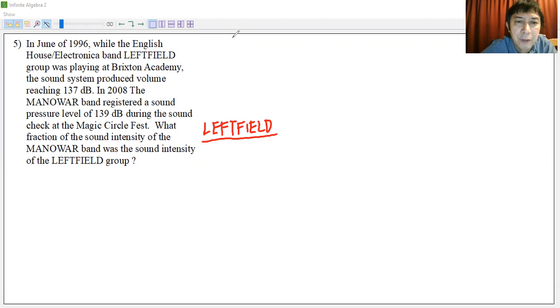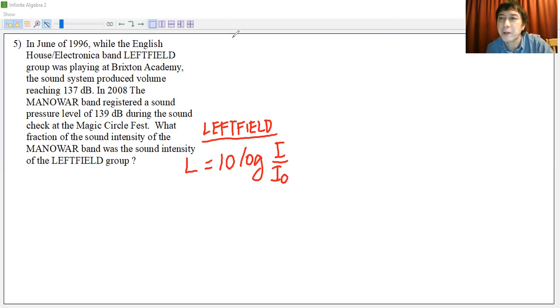So the formula for loudness is equal to 10 times the logarithm of the ratio, sound intensity over the smallest non-audible sound. That's IO.